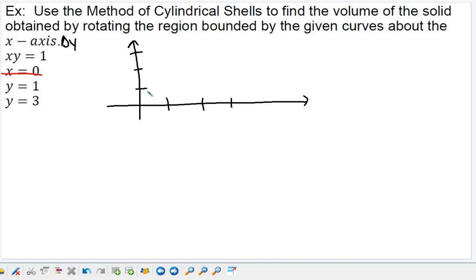So x is equal to 0 is here. Y is equal to 1 is here. Y is equal, oh, I already used red, sorry. Y is equal to 3.